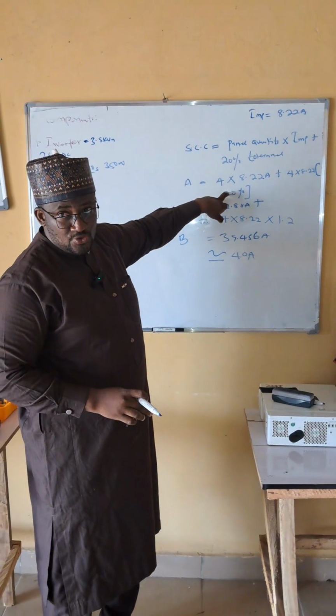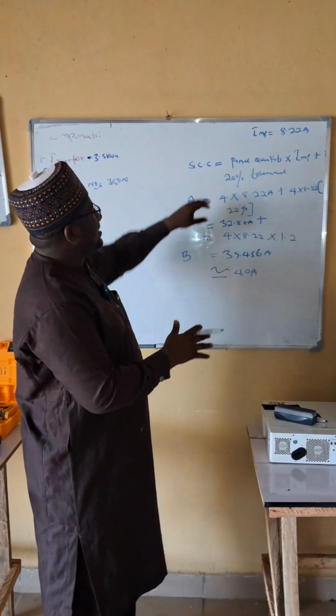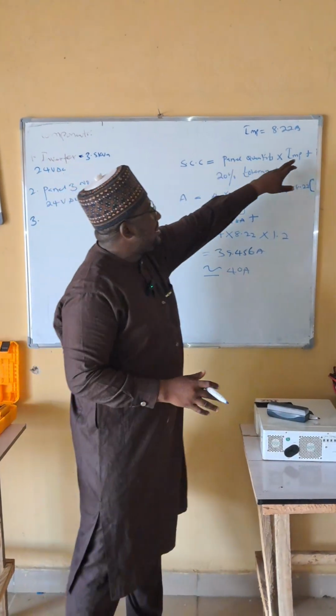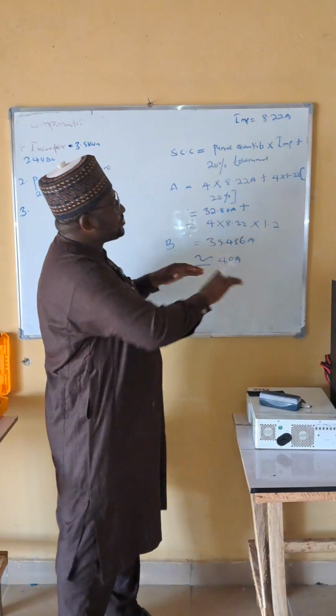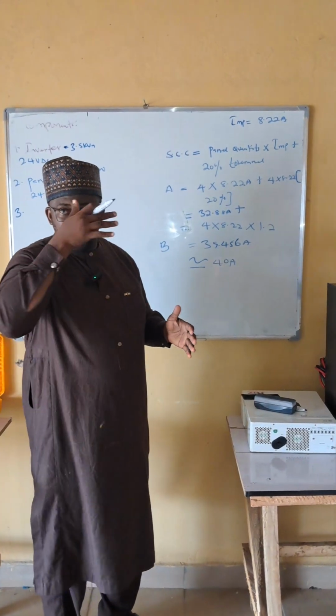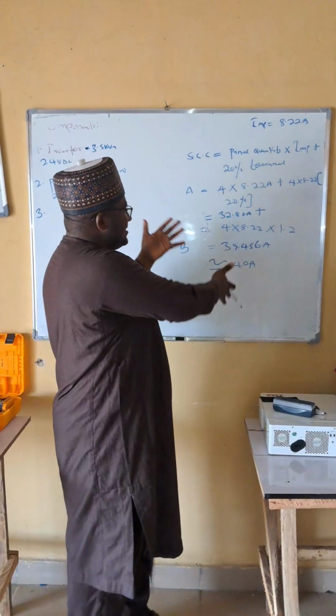Do you understand why I do it this way? We said panel quantity times IMP plus 20% tolerance of this. That is why we do a repetition. This is the long way, and this is a shortcut. I want you to understand why we obtained this.